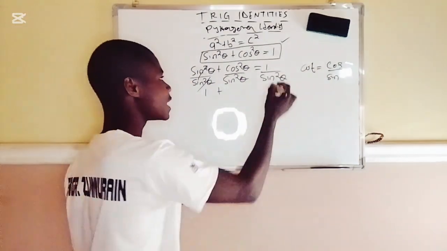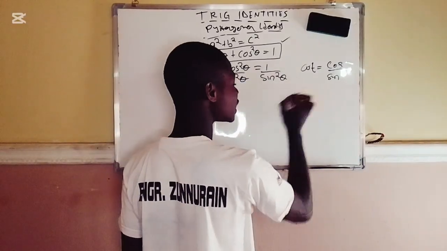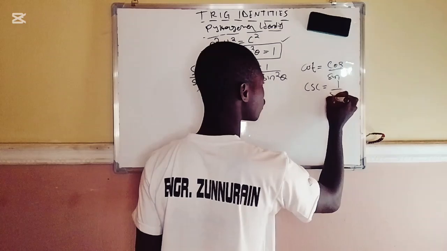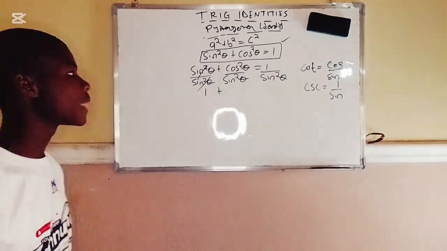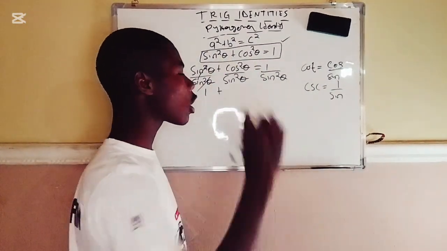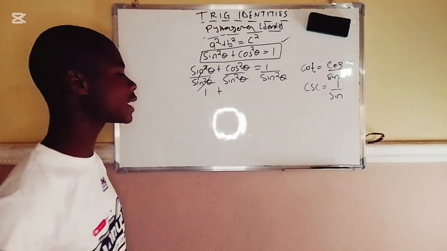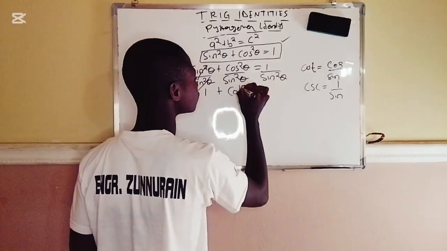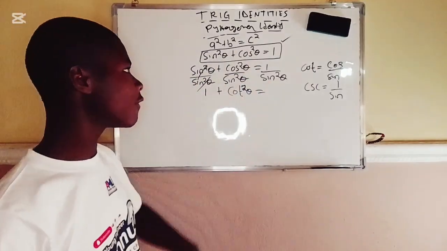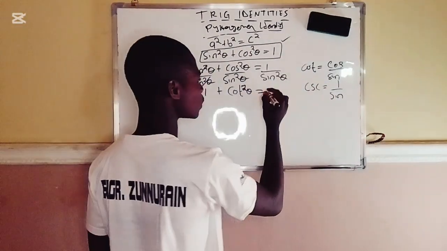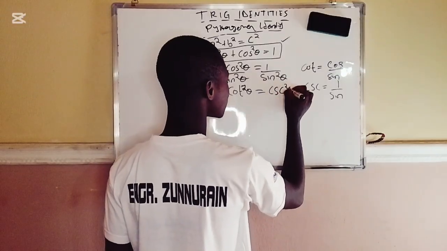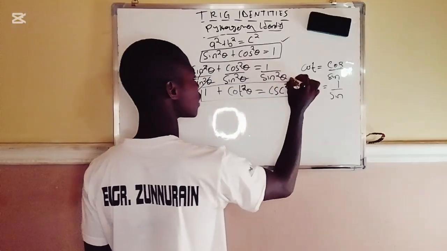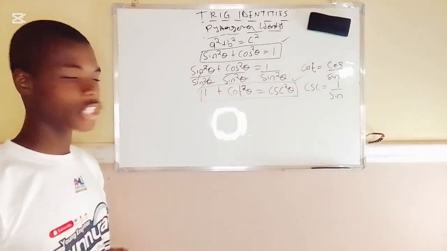And remember, I said 1 over sine is the same thing as cosec. So instead of putting cos square theta over sine square theta, I will just write cot square theta, which equals 1 over sine square theta, the same thing as cosec square theta. So this is the second formula. You have to write it down on a sheet of paper.